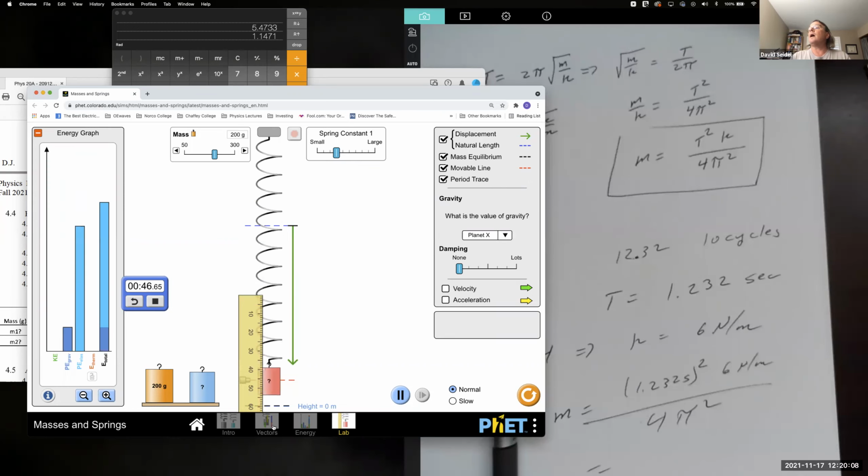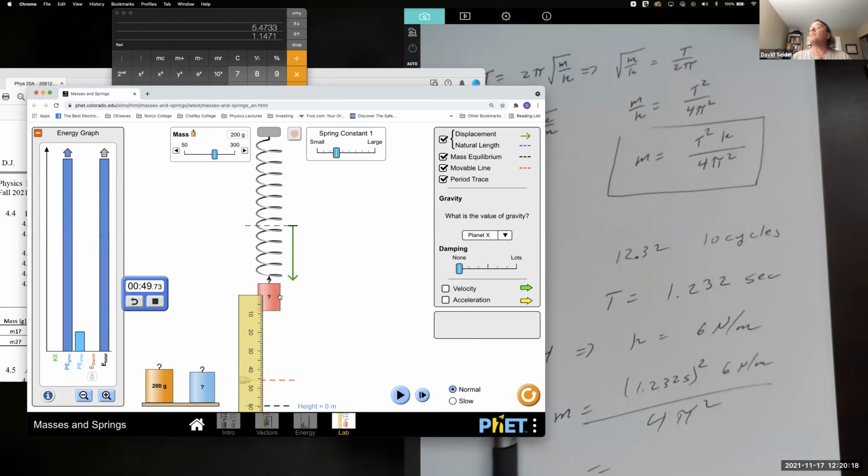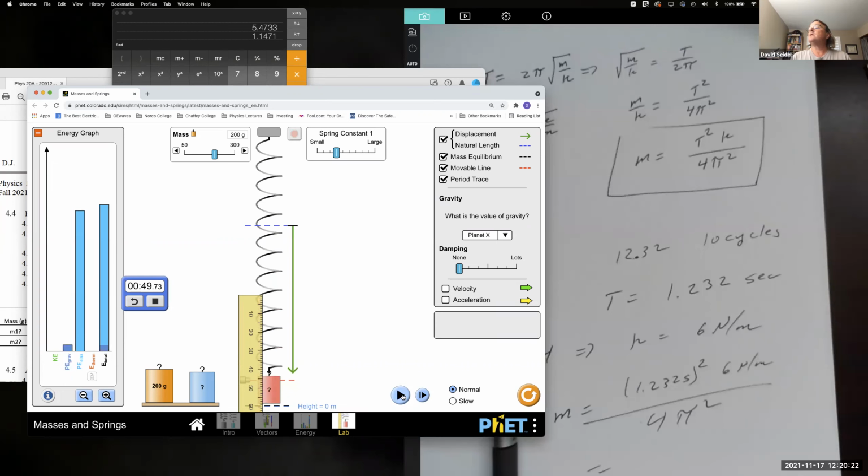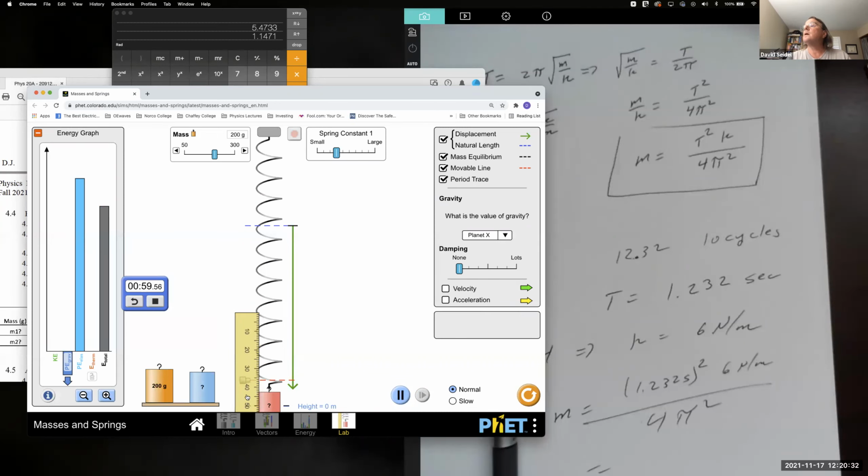So I pause it, reset it. I'm going to go up about 50 meters. There's my equilibrium line.